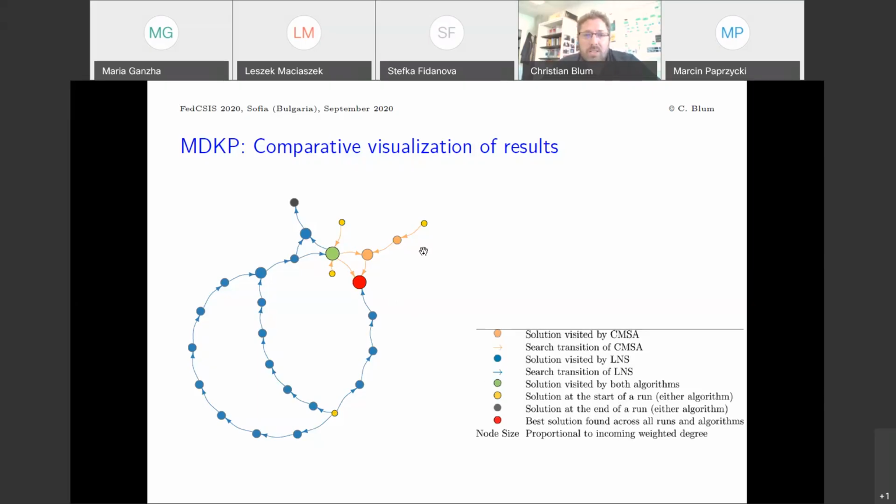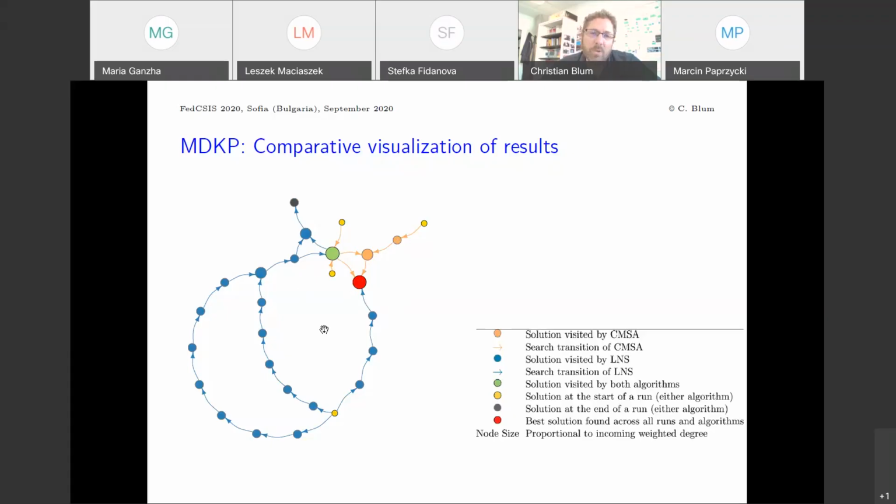Blue dots are only visited by LNS, and these orange dots are only visited by CMSA. If a solution is visited by both algorithms, then it's in green. The best solution found is in red, and these dark gray solutions are other endpoints of trajectories.